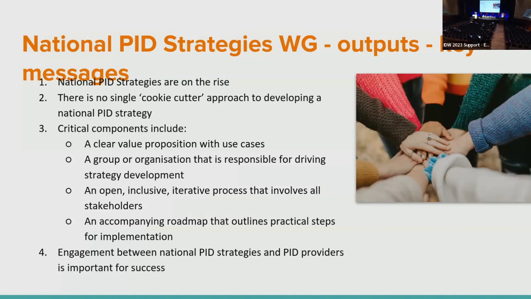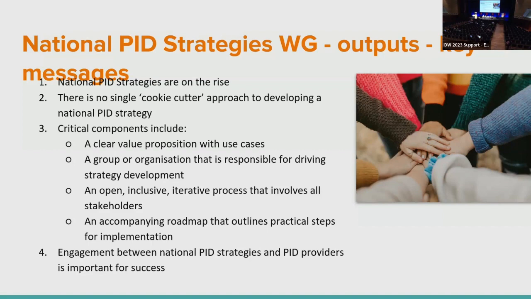So what were the key findings or key messages out of that work? So firstly, there's a great deal of interest in national PID strategies and approaches, and there are many more of them coming on board in recent months and years. Basically, there's no single cookie cutter approach to developing this. Every region or national context has taken a slightly different path, but there are some critical components.